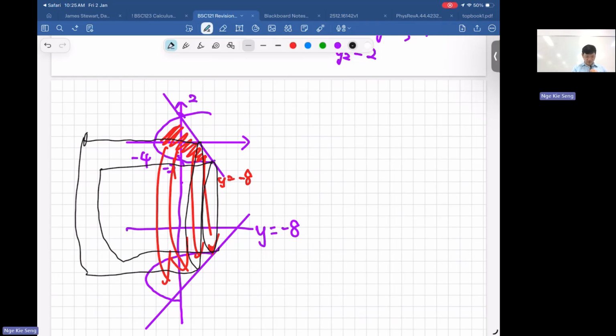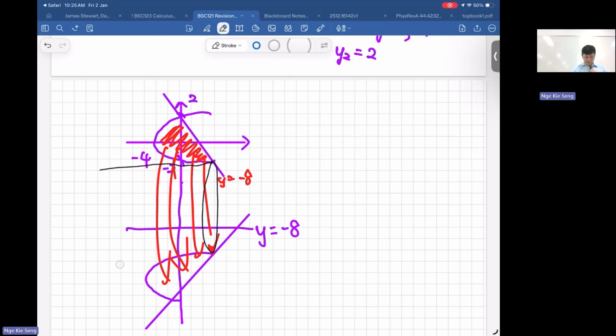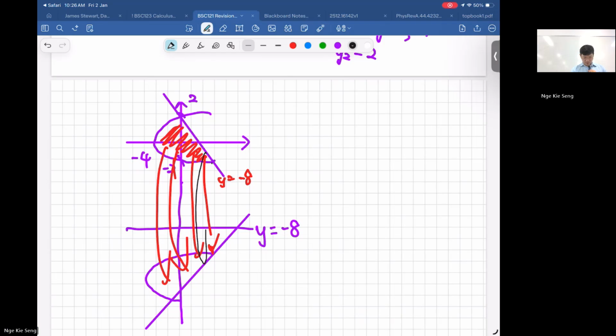I think this is not a good example. Maybe I can draw here, maybe draw around here. Cylinder.